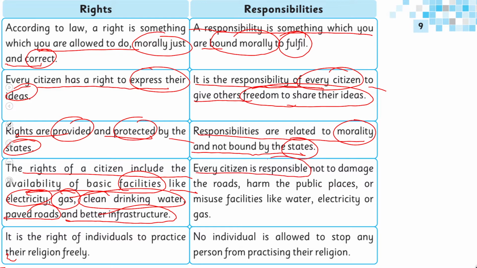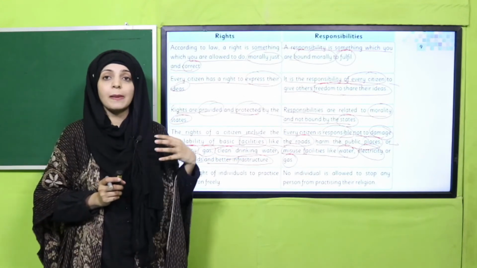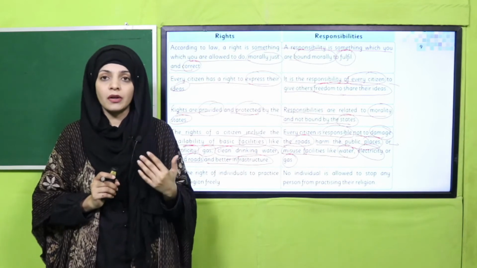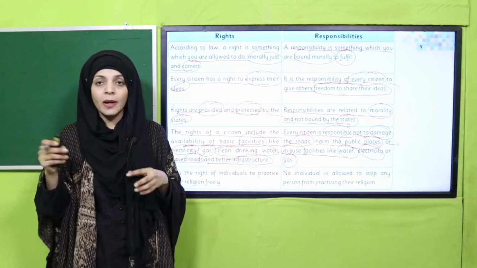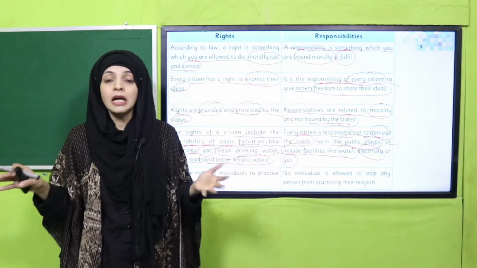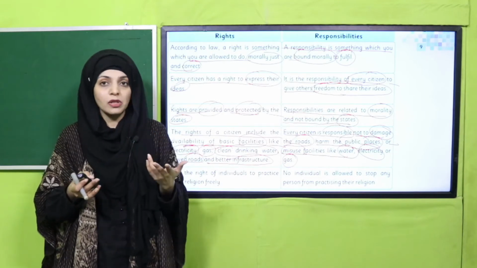Every citizen is responsible not to damage the roads, harm the public places or misuse facilities like water, electricity and gas. अब अगर आपको ये सब आपके राइट्स हैं कि आपको गैस मिले, बिजली मिले, पानी मिले, अच्छी सड़कें मिलें, तो आपकी रिस्पॉन्सिबिलिटी है कि आपने इन चीज़ों का ख्याल रखना है. पानी का बेजा इस्तेमाल नहीं करना, पंखा चला हुआ नहीं छोड़ना, सिमिलरली रोड्स को ख़राब नहीं करना, अनटाइडी नहीं करना, गार्बेज थ्रो नहीं करना वहाँ, keep them clean, कि उनको हार्मलेस रखिए. So these are your responsibilities.